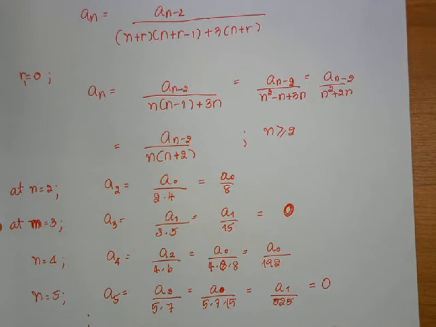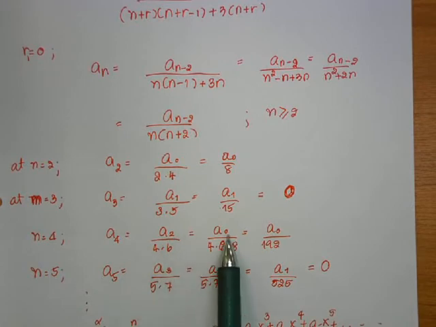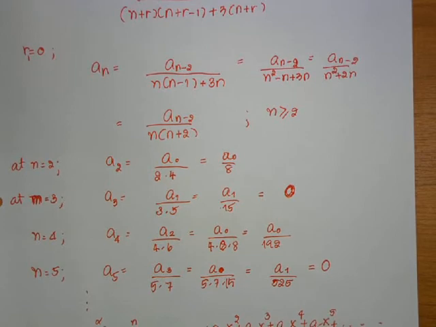But any n which is an even number would relate to a0. Right? Now, a4 is related to a2, a2 relates to a0. So we can still find the value of a with even index. But a with an odd index goes to 0.